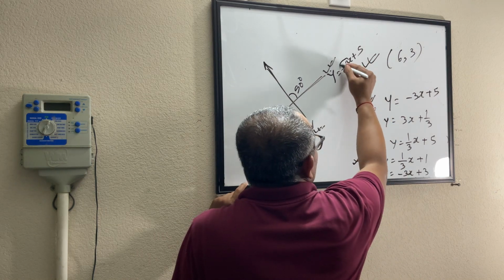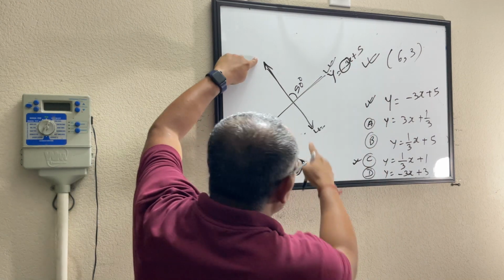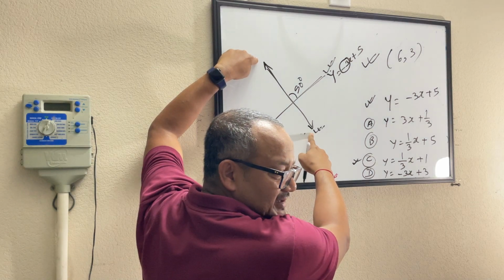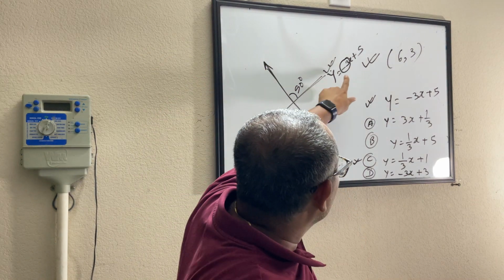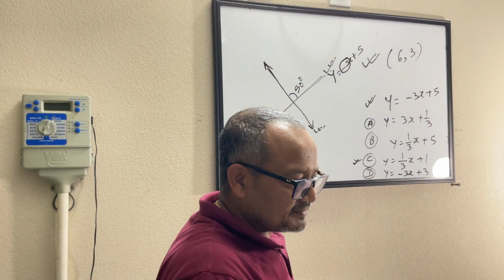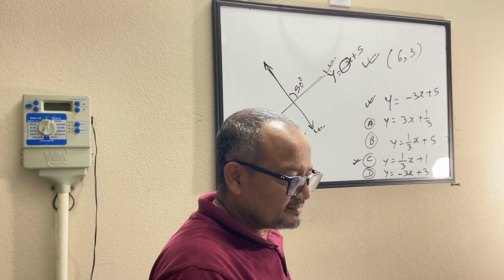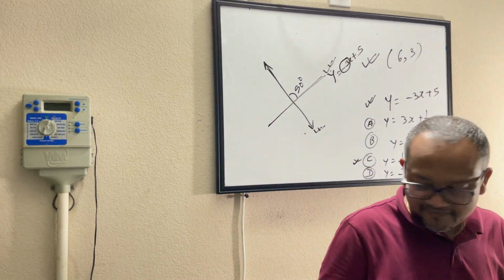From this I know the slope of this line is minus 3. I have to find out the slope of this line. Do we know what would be the slope of this line? Okay, I think I have bothered you guys enough.